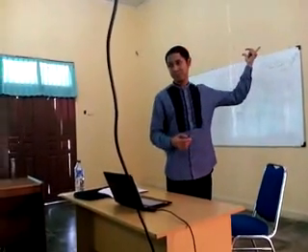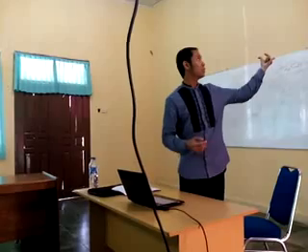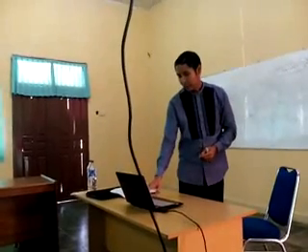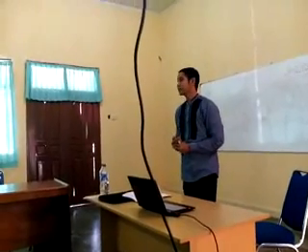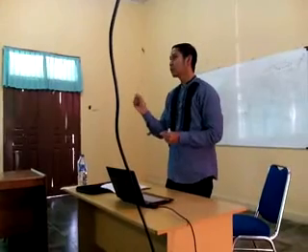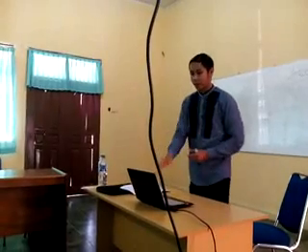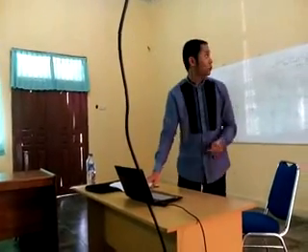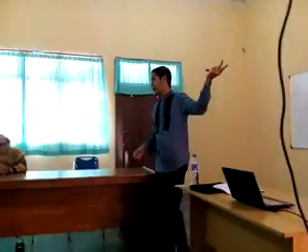I'm so sorry because this is not really clear. You can see this, I don't know what's the problem. The second is to specify the population and sample. Before I explain in more detail, we have to know first, what is population? From this picture, you can see there are so many people, right?